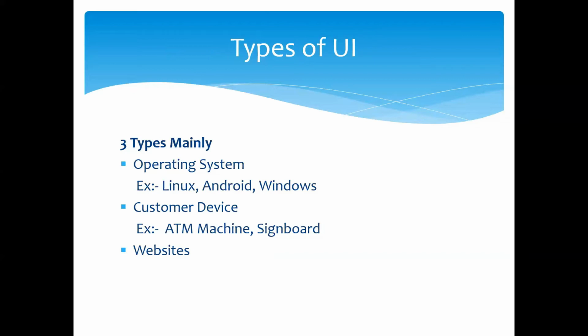The next one is the website. A website is wholly dependent on web applications. In this technology we can develop both websites and web applications, and in this course we will mainly focus on websites. Let me give an example: Bank of America has an online banking system.